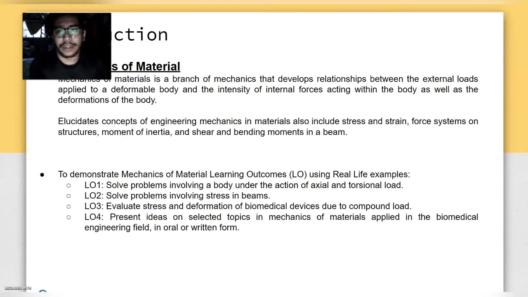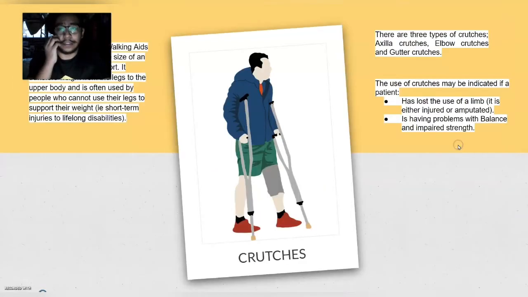For the third, we are able to evaluate stress and deformation of biomedical device due to compound load. And lastly, LO4, we are able to present ideas on selected topics in mechanics of materials applied in the biomedical engineering field, whether in presentation form or oral form, or in report or written form. For our body we have chosen crutches.